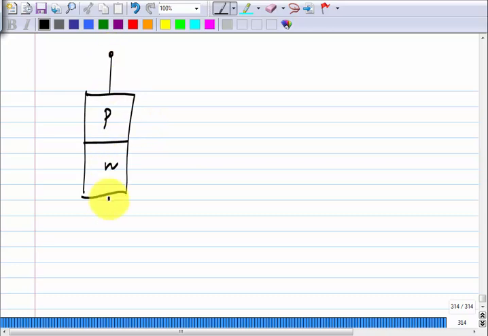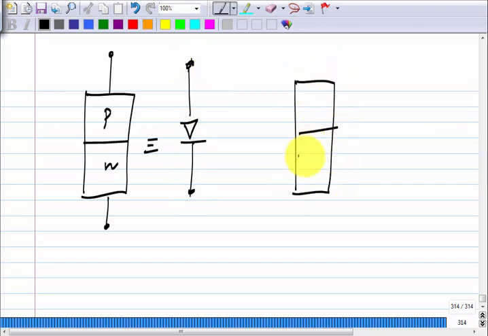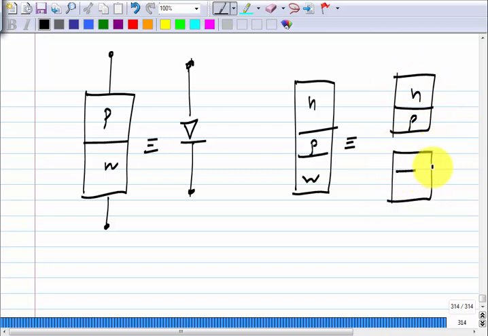What is this device? You just have P and N, diode. This is a diode, right. Okay. So, this is equivalent to, right, just connect it up.